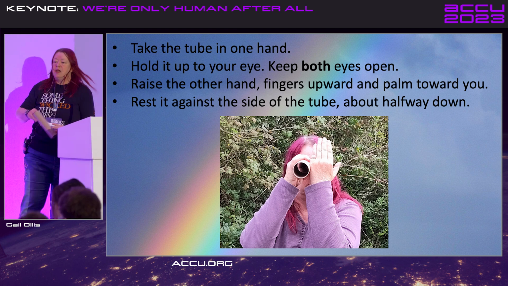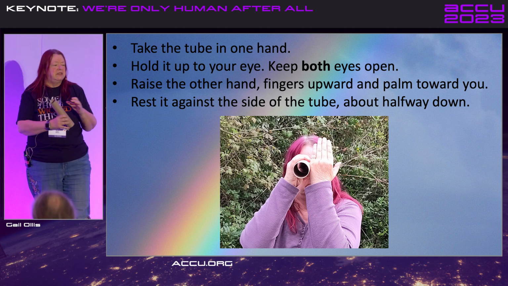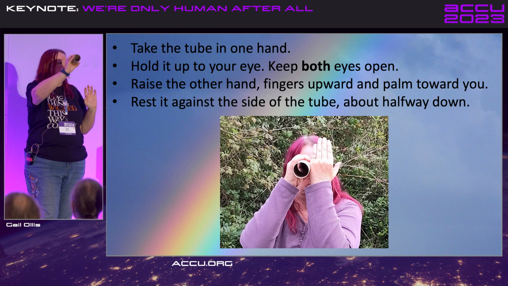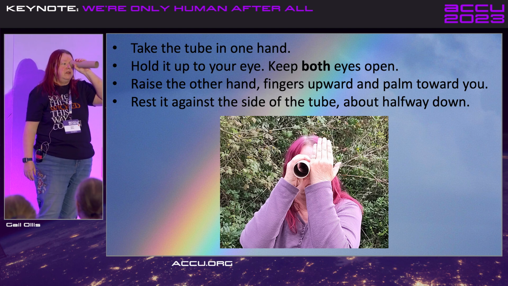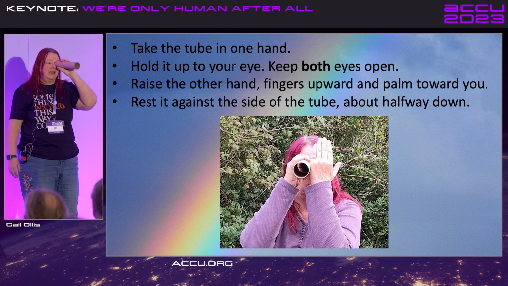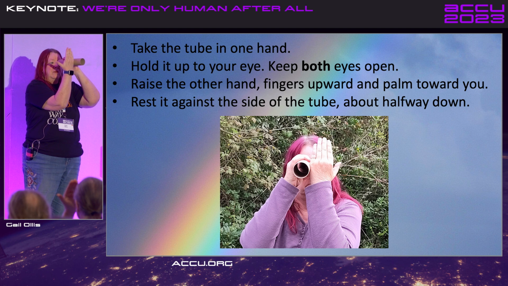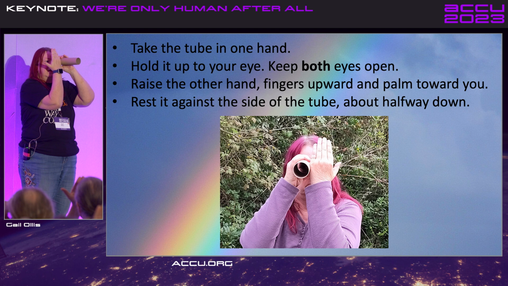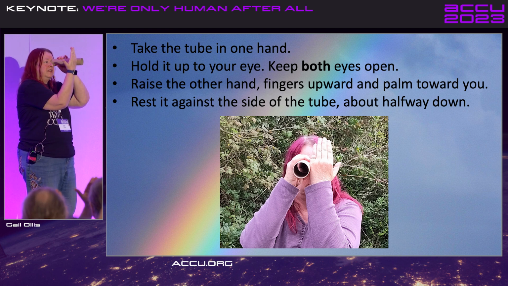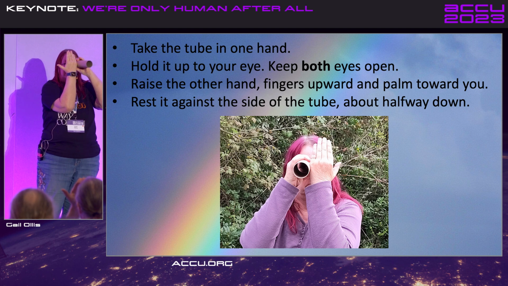So, hopefully you'll find around the room several of these tubes. If you keep both eyes open, holding the tube in one hand, hold it to your eye, put the other hand close to the tube, and if you're not seeing anything weird, move your hand to and fro slowly until you find the spot where you experience the illusion.